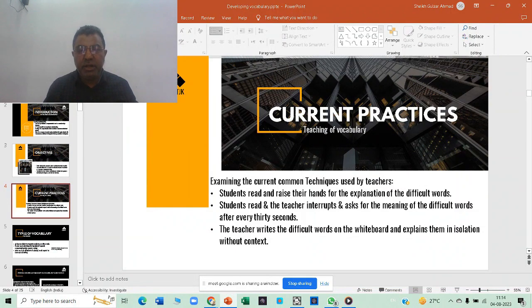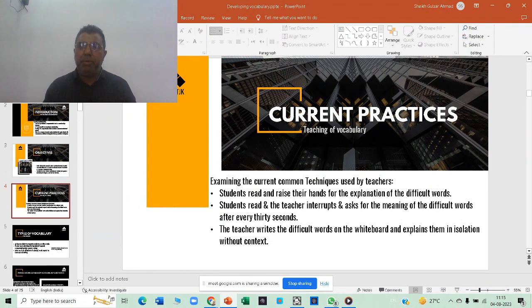And finally, the teachers write the difficult words on the whiteboard or blackboard and explain them in isolation without context. This is my experience in the Kashmir division: most of the teachers select a group of words from the text and write them on the whiteboard before the commencement of the lesson, and then start explaining the words without providing any kind of context.